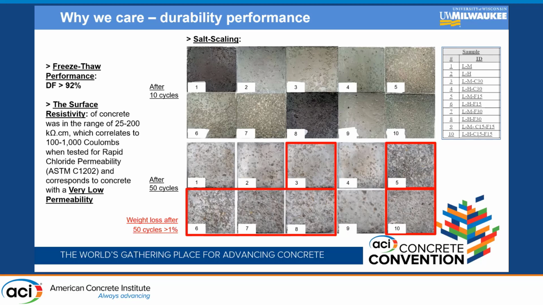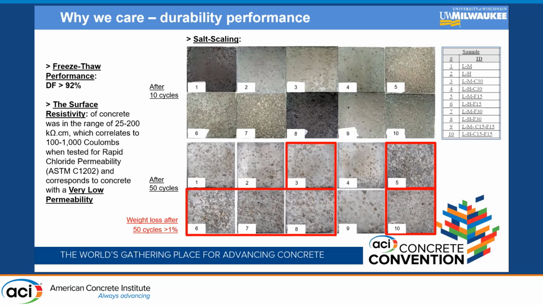And a salt scaling test was performed, and after 50 cycles, we can see the surface of the concrete is deteriorated pretty significantly. In some situations, we had a weight loss after those 50 cycles of more than 1%, which is really bad.